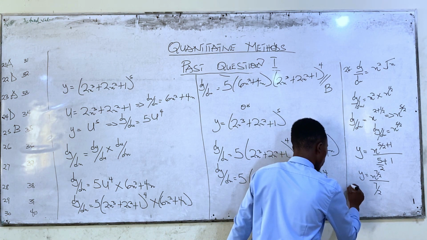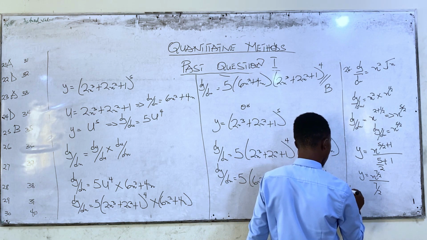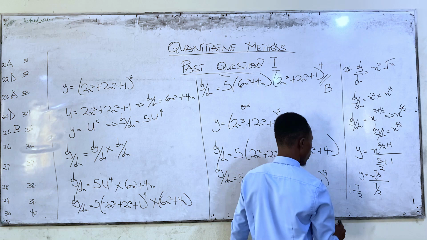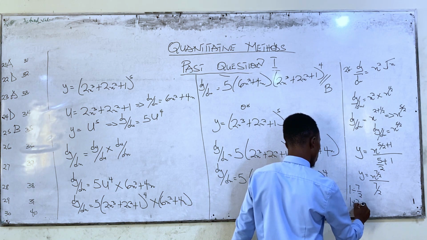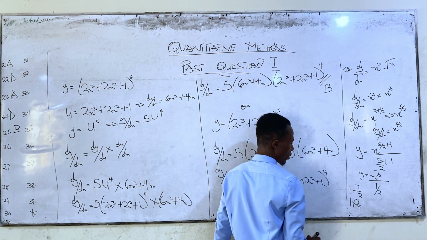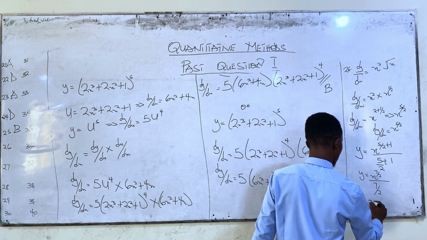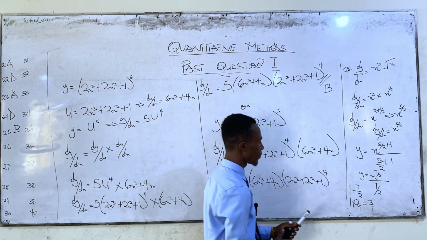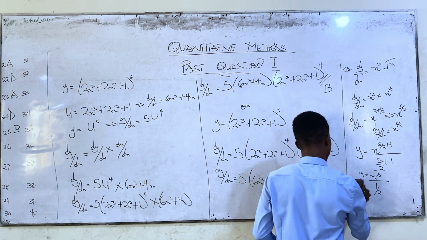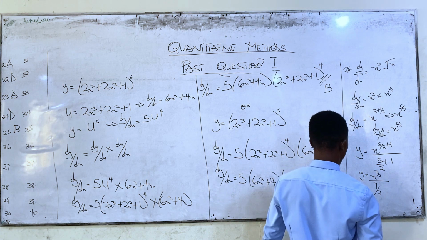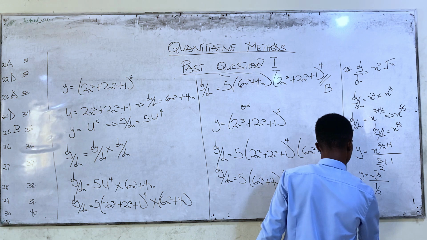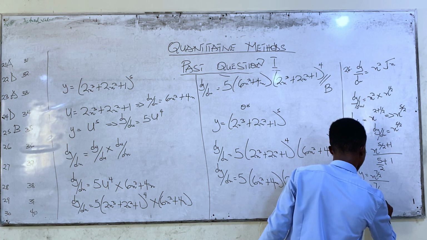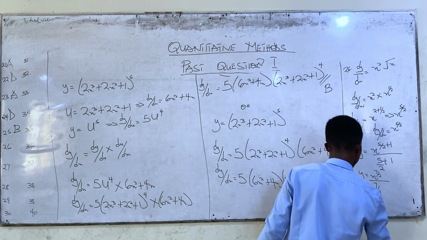So it is going to be 1 divided by 7 on 2. Okay, so 1 times 2 on 7. So you are going to get what? 2 on 7. I hope you get it. Okay, so you have y is equal to 2 on 7 x exponent 7 on what? 2.